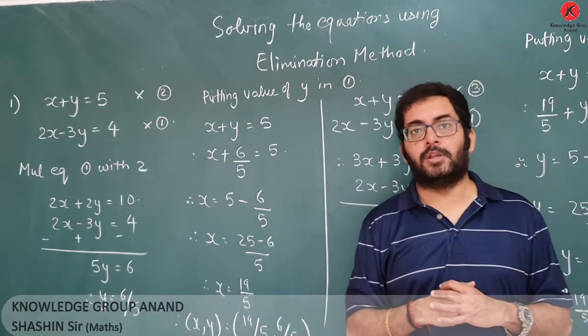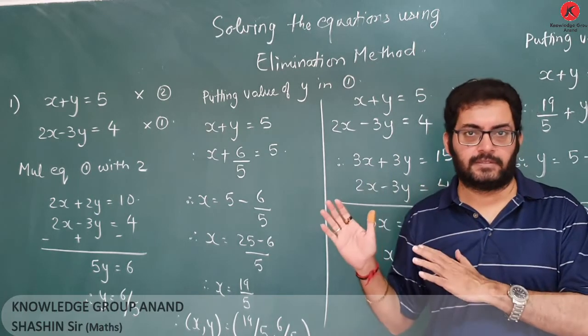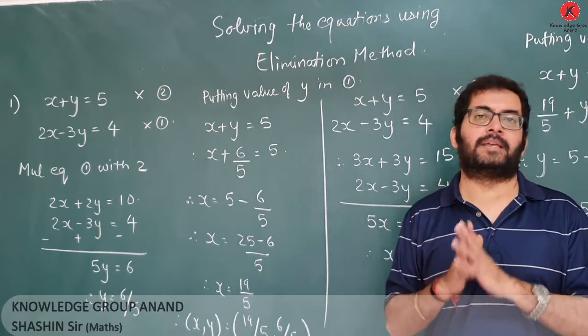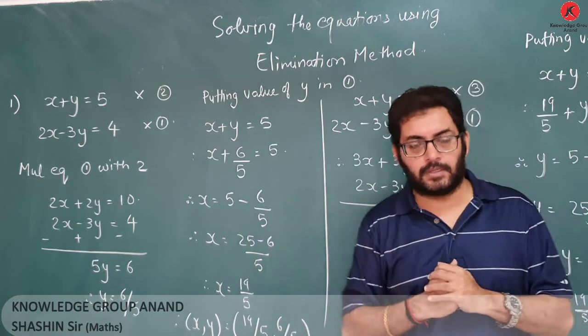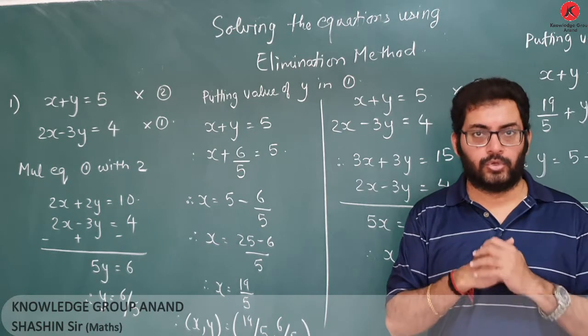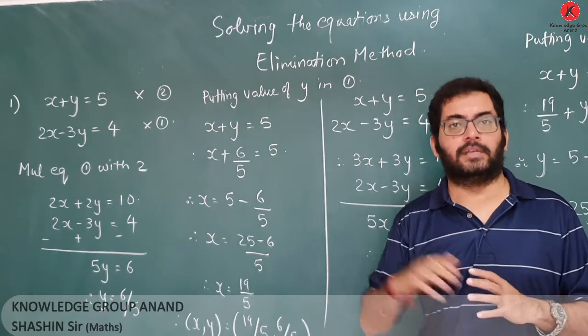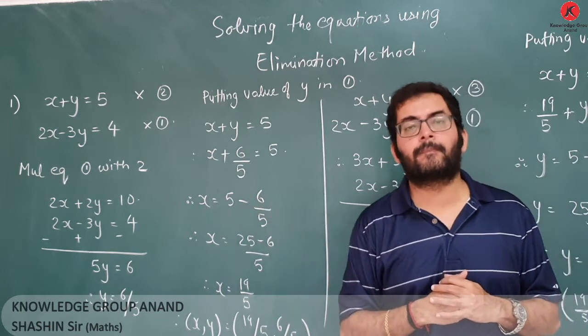But during examination, there are 99% chances that you won't be specified the method to be used. That means you are free to use the method of your choice to solve the given pair of equations.